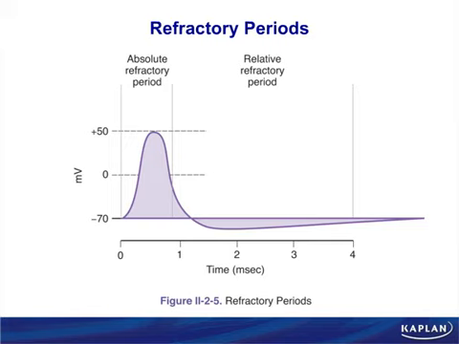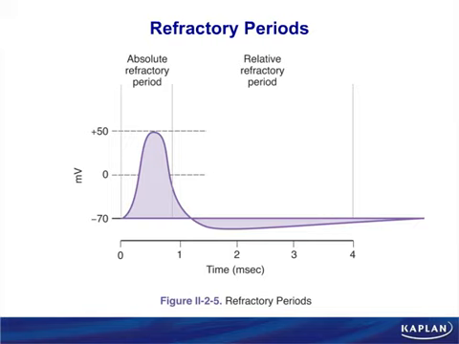This is because fast sodium channels are either in the open state, initially the very first part of that, or they're in the inactivated state. If I have fast sodium channels in the open or inactivated state, then I can't get another action potential. That is the cellular mechanism for the absolute refractory period.